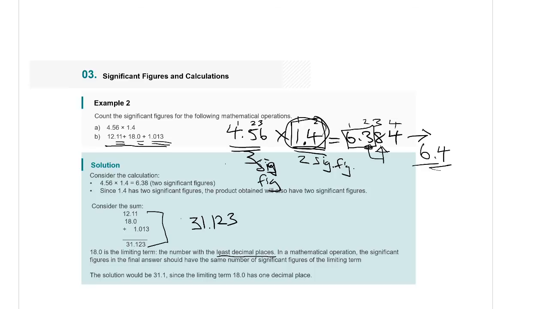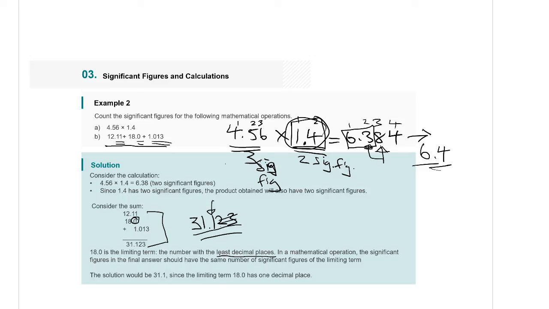And then we are going to find out which one has the least decimal place. When we look at all three numbers, we find that 80.0 has the least decimal place, and the number of decimal places is 1, because we only have one decimal place in 80.0. So in our result, we can only show one decimal place, and we discard everything behind that.